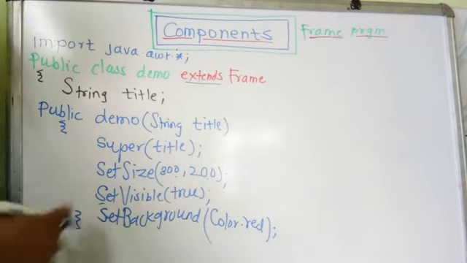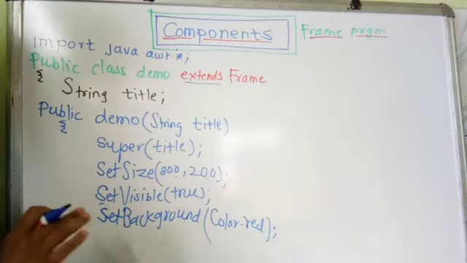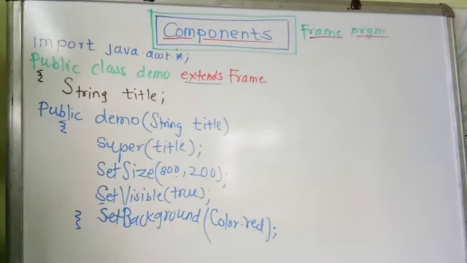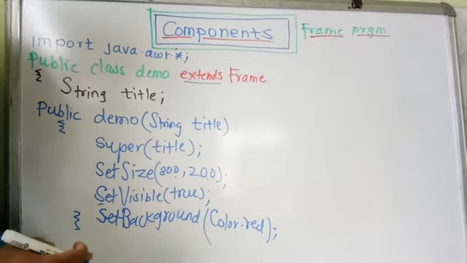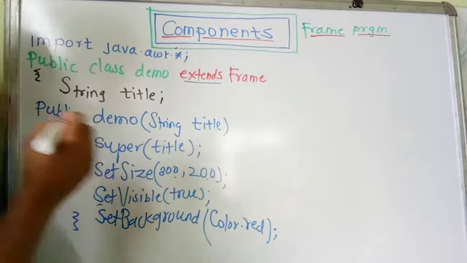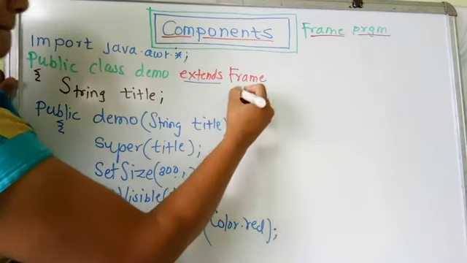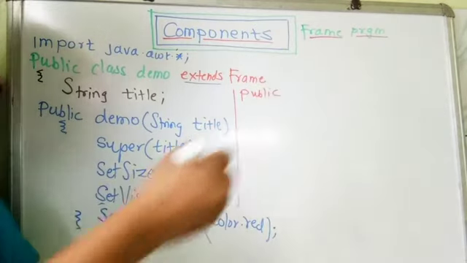Now as this is a frame demo, we will not explain in detail the buttons, text fields or labels in it, but we will give some message on the screen. For that purpose, we will use the paint method, by which we can create some label. We create public void paint.